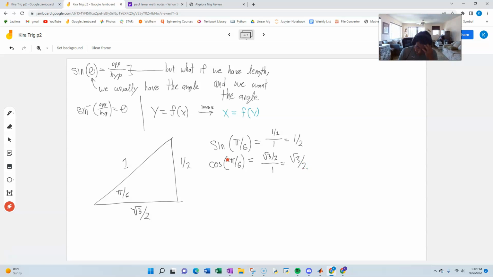I know you can. But what if I asked you, what is sine inverse of 1/2? Well, then it has to be pi over 6, right? It's easy to say things like that when you know the unit circle.